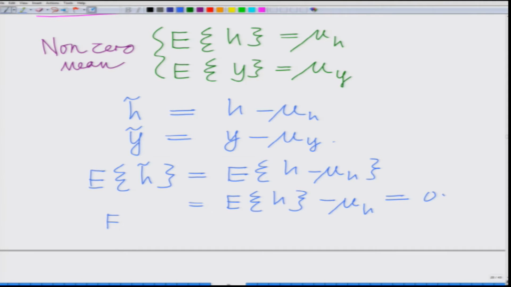Similarly, expected value of y tilde equals 0. So, given non-zero mean parameter h and observation y, we have converted them to 0 mean equivalent parameter h tilde and 0 mean equivalent observation y tilde.